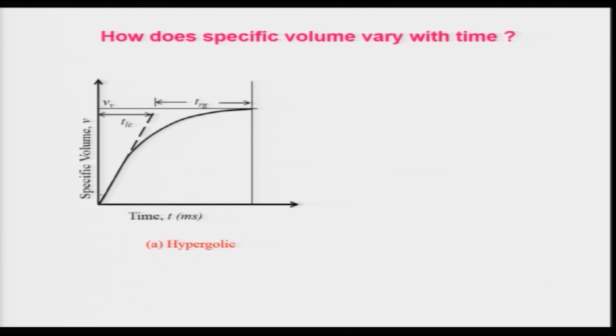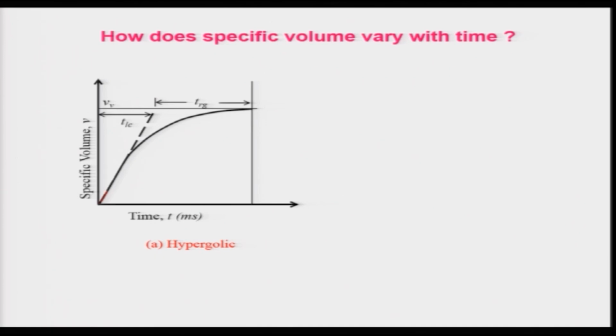As soon as the liquid propellants, both fuel and oxidizer, are injected into the combustion chamber of the rocket engine, the specific volume starts increasing. It is 0 at time 0, and then the slope looks very high, because in the case of hypergolic propellant, whenever the fuel and oxidizer come in contact with each other, a liquid phase reaction takes place.